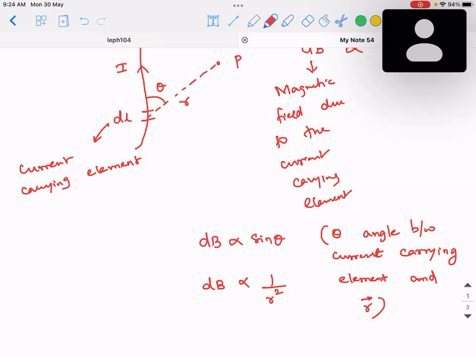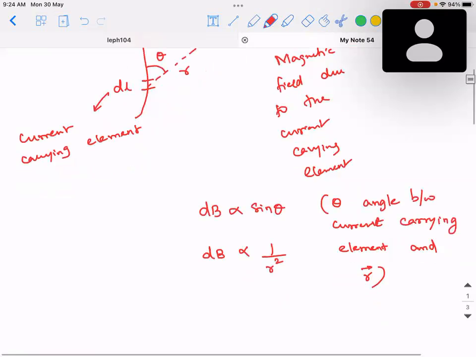Are you able to understand this point? What does that r stand for? r is the distance between the current carrying element and the point where you're trying to calculate. Are these three things clear? Now our job is to combine everything and give a final expression.